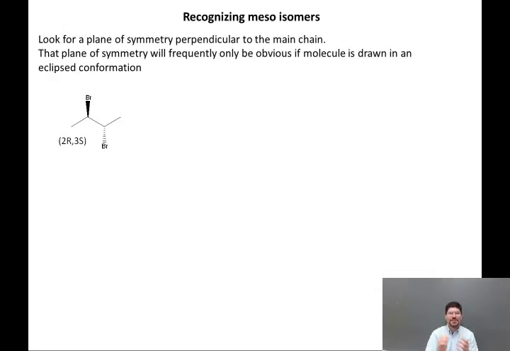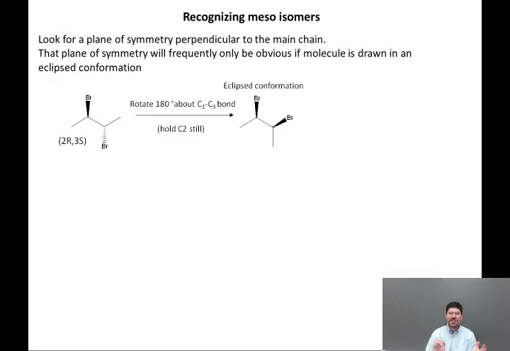One of the bromines is coming towards you, the other bromine is going back away from you. But you have to remember, looking at the main chain, one methyl's going down, one methyl's going up on the end. So what you have to do is rotate this 180 degrees about the C2-C3 bond until you are in the eclipsed conformation, and now the plane of symmetry becomes evident in the drawing as well as in the model.